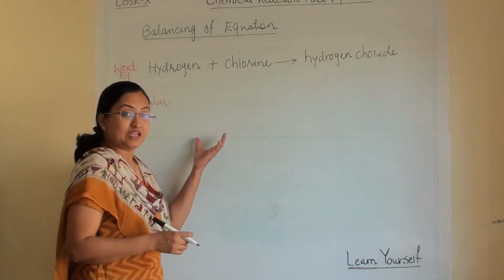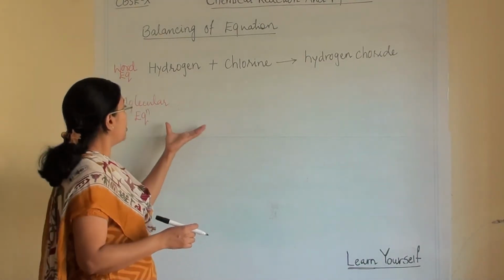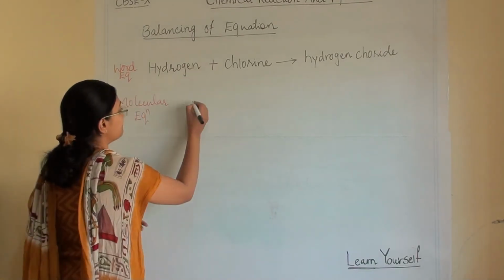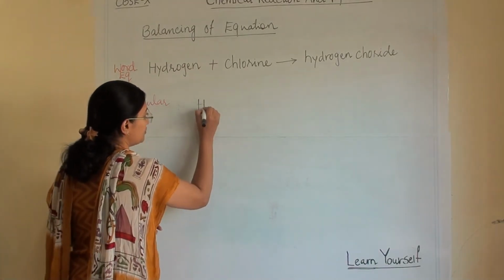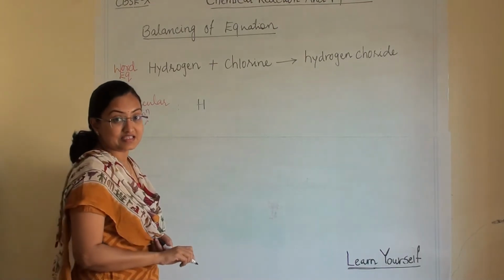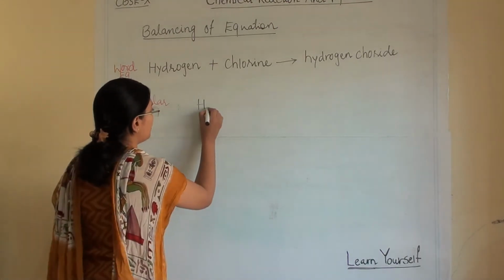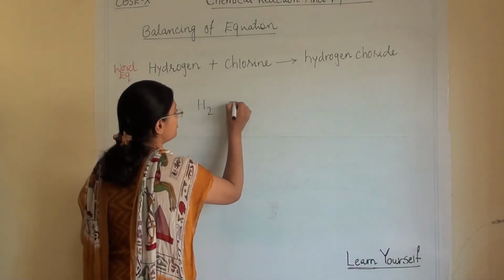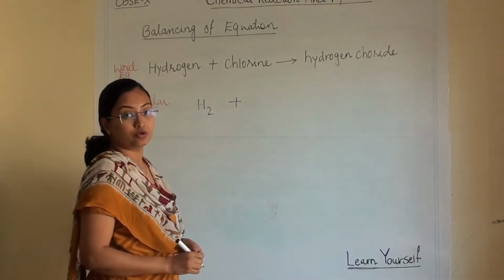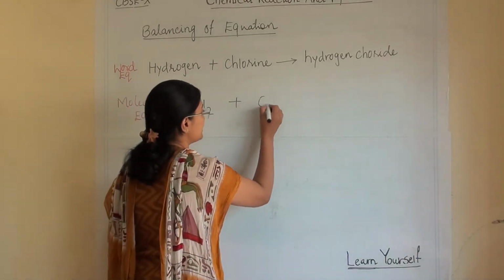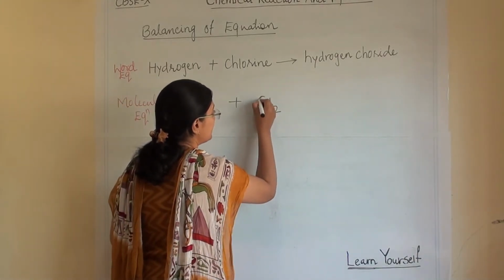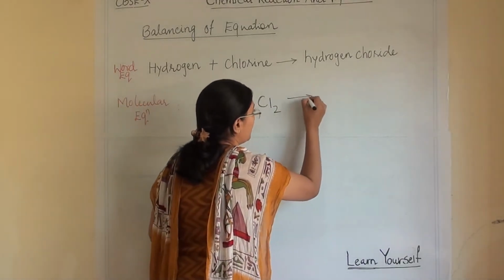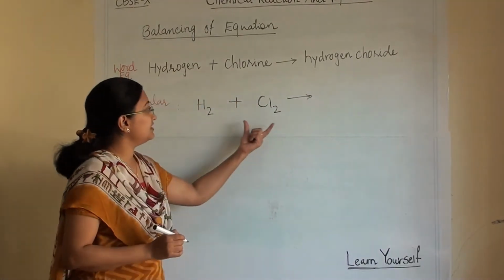Now let us first write the molecular equation from the given word equation. They have given hydrogen. Hydrogen is a gaseous element and it is always in the form of H2. Then chlorine. Chlorine again is a gaseous element, so it will be Cl2. Till here we have written the reactants.